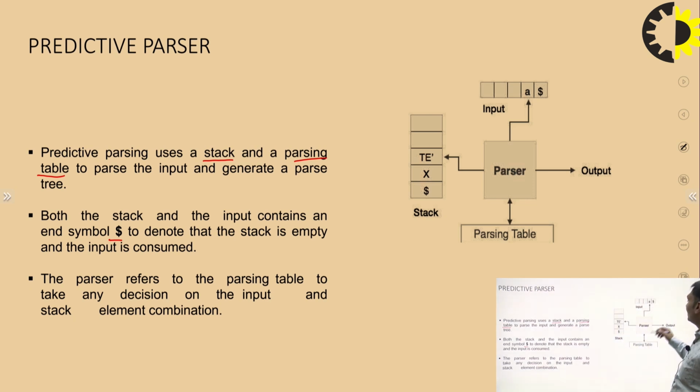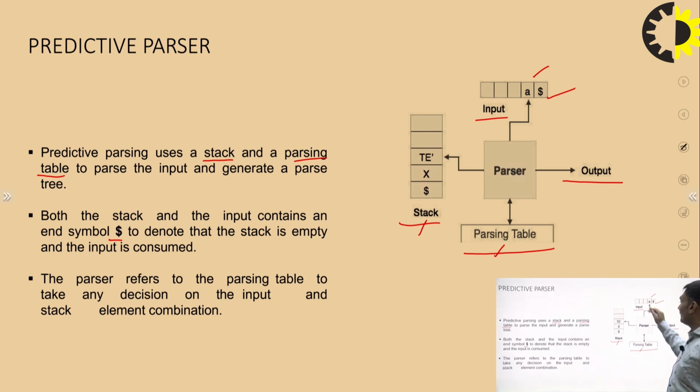And here we can see that we require three important things: first the input string, second the stack, third the parsing table, and then this will generate the parse tree. So, the parser requires three important things. One is the input string, second is the stack, third is the parsing table.